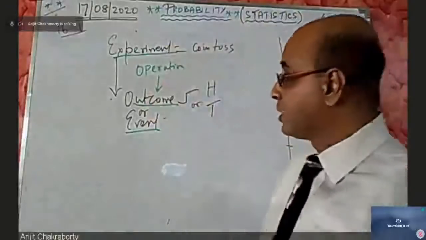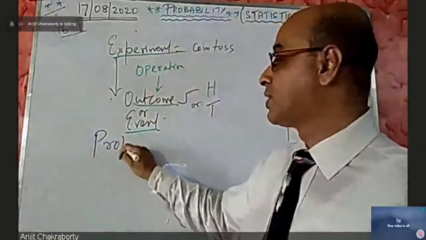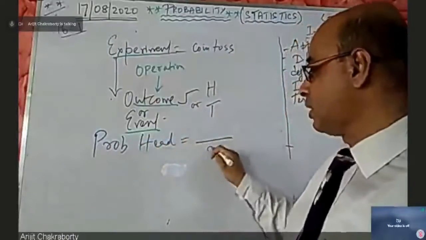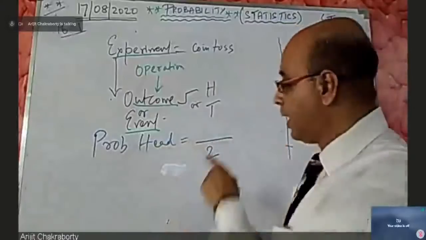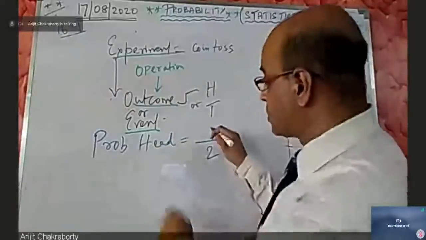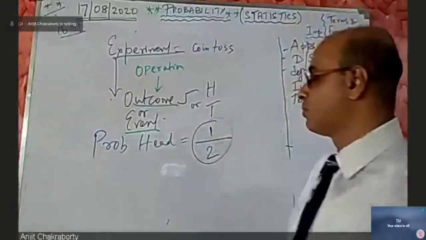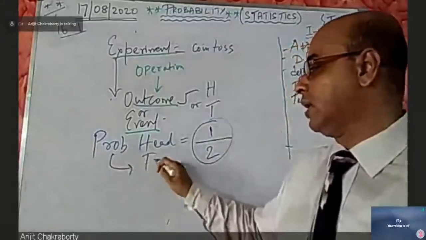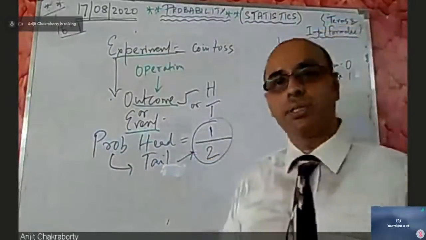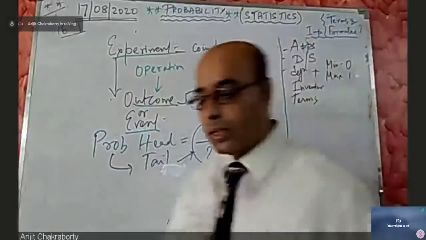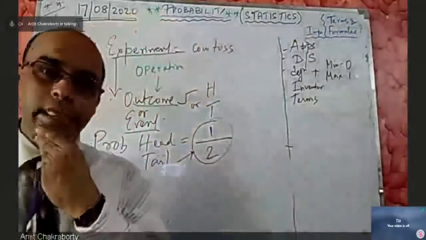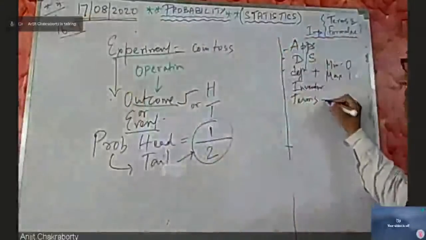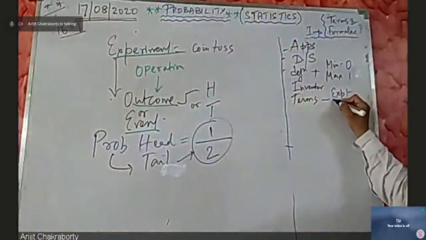Therefore, the probability of getting a head is 1 by 2. Similarly, the probability of a tail would also be 1 by 2. So the tossing of a coin is definitely an example of an experiment. In the terms, first we have talked about what is an experiment, and what is an event or an outcome.